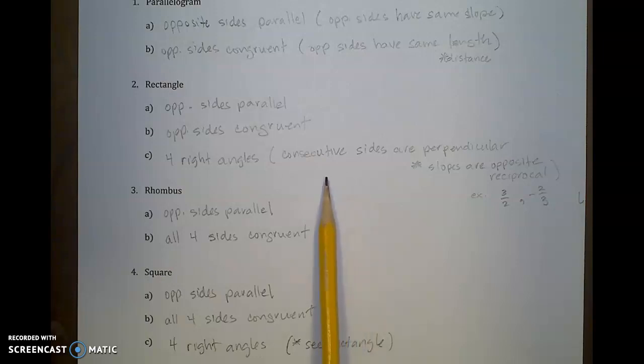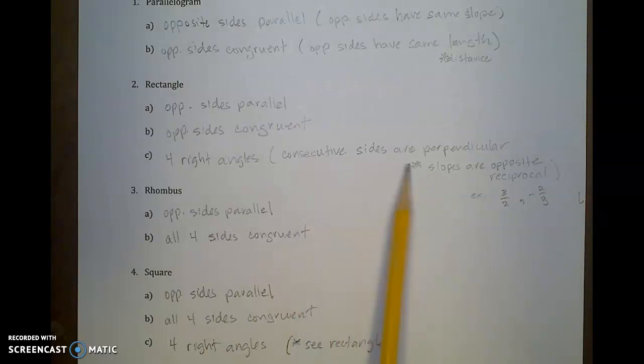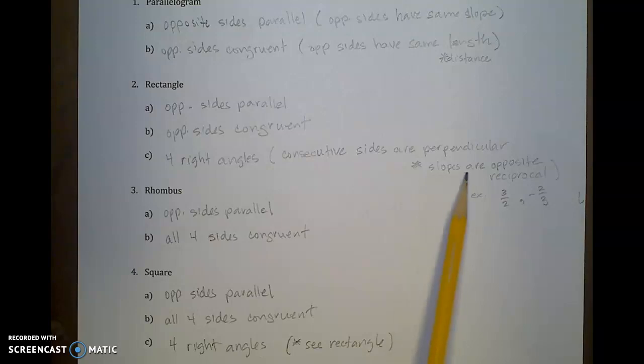And for us, that means a consecutive side, right? That means 2 sides in a row. Consecutive sides are perpendicular. Reminding you that when we talked about perpendicular in class, that means the slopes are opposite reciprocal.